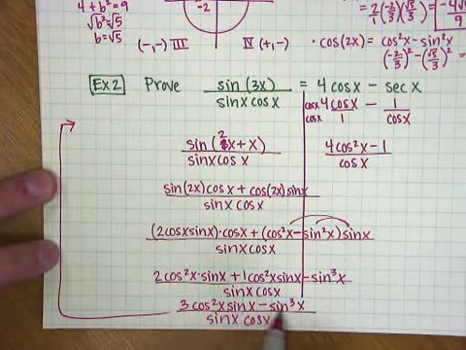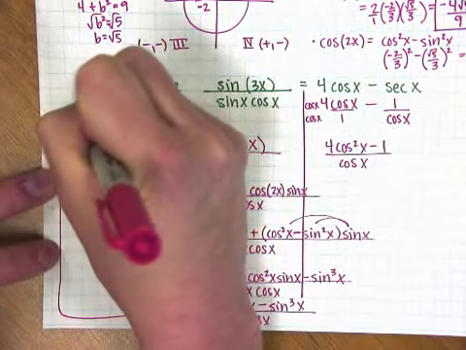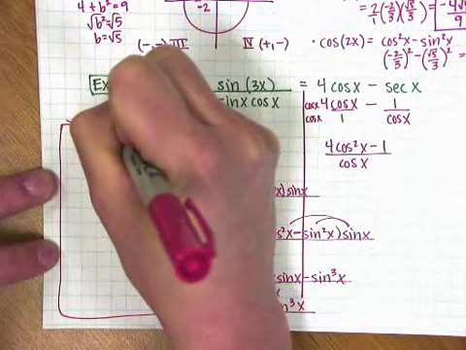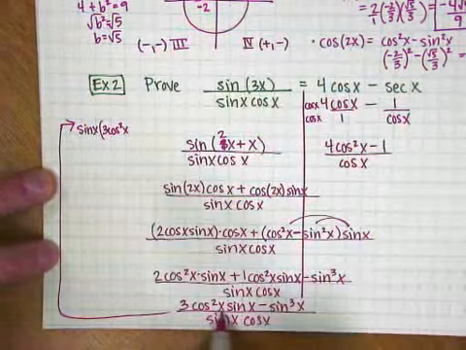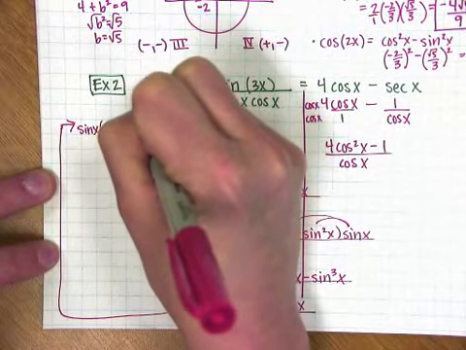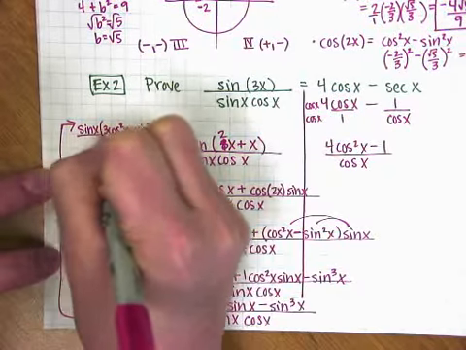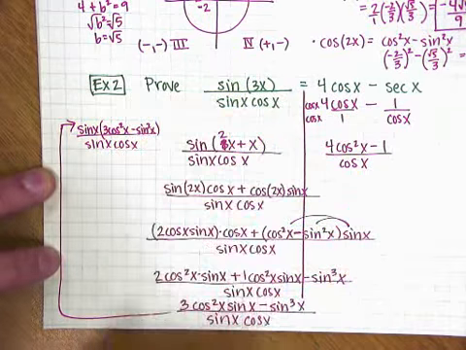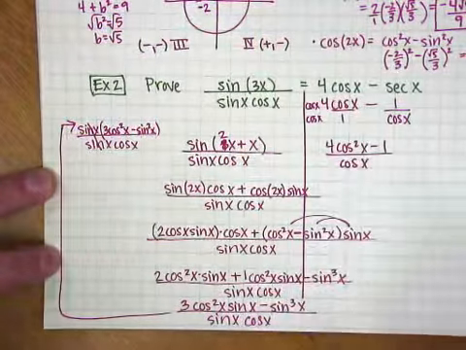I'm going to factor a sine of x out. I guess I need to write pretty small to make this work. And then I have 3 cosine squared x. I factored the sine of x out, so that's gone, minus sine squared. So now I can cross my sines out.